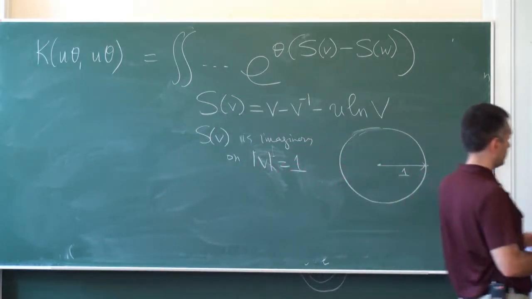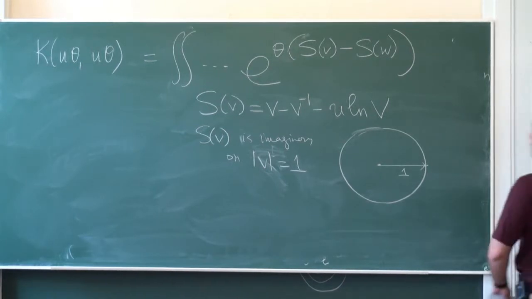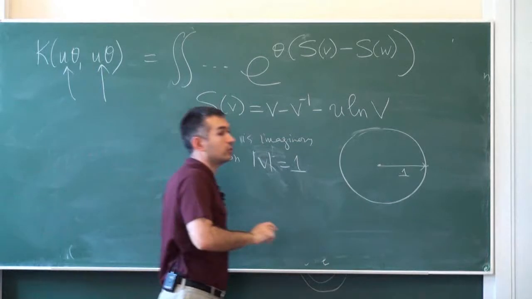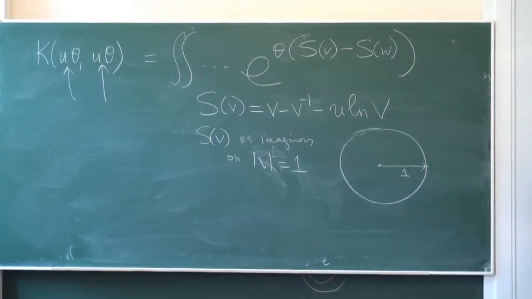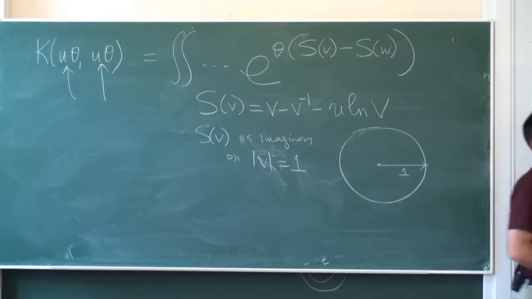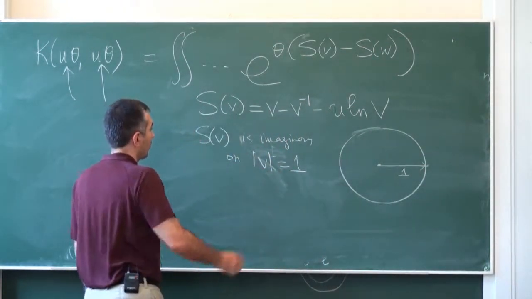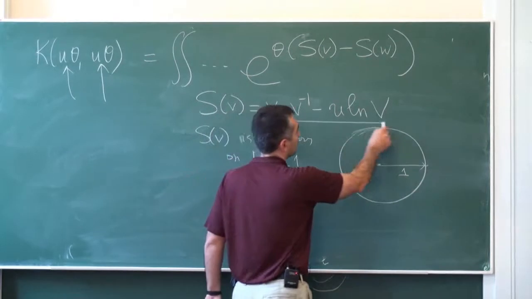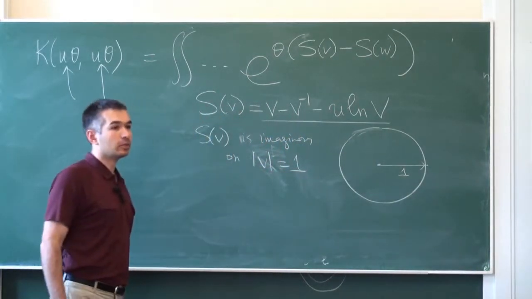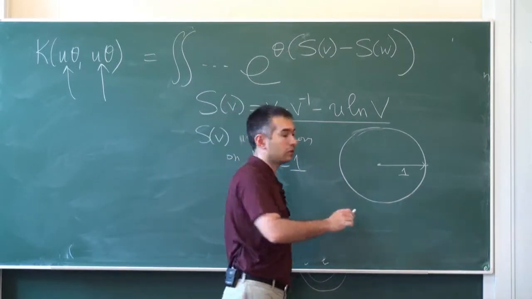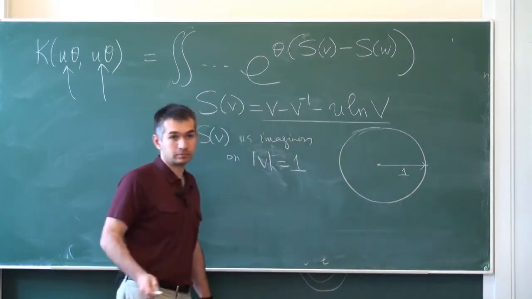So u is the point where I zoom in. So u is the scale which I use on the slides. Okay, so I need to know how the real part of this function behaves around the unit circle. On the unit circle, it's 0, right?